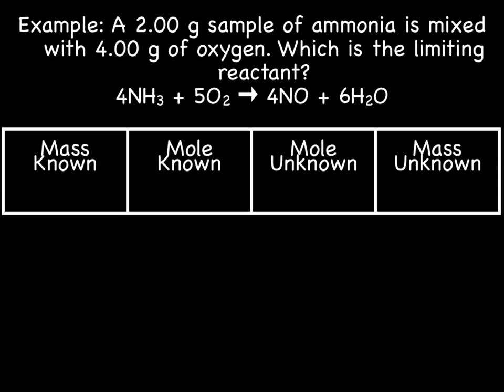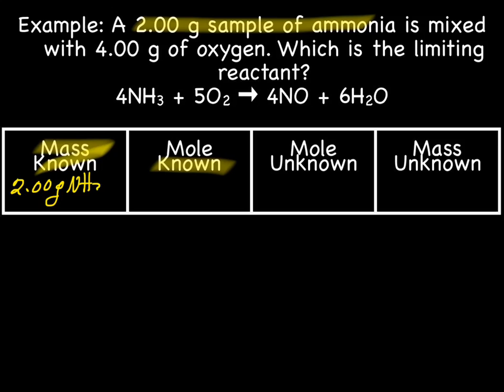Let's start with our given being ammonia. Our mass known is going to be 2.00 grams NH3.